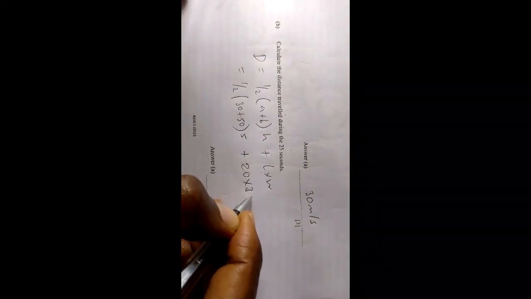So for the rectangle, the dimensions: the width is 30, and for the length you need to find the difference from 5 to 25, so 25 minus 5 is 20. So you say 20 multiplied by 30. 30 plus 50 is 80.